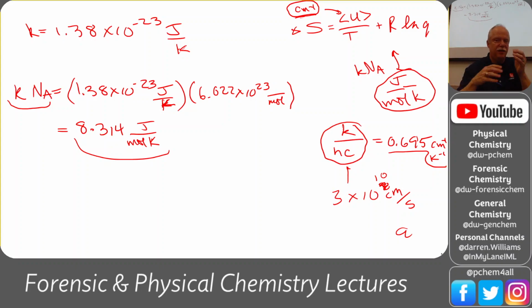That is really a bad mistake. When you've got wave numbers per Kelvin and you're adding joules per mole per Kelvin, you just can't add those. You have to get them into the same unit to do the addition.